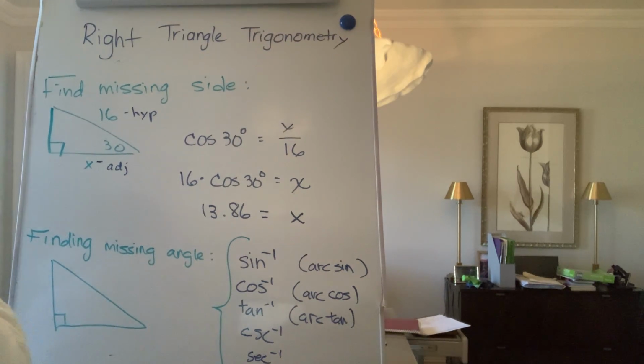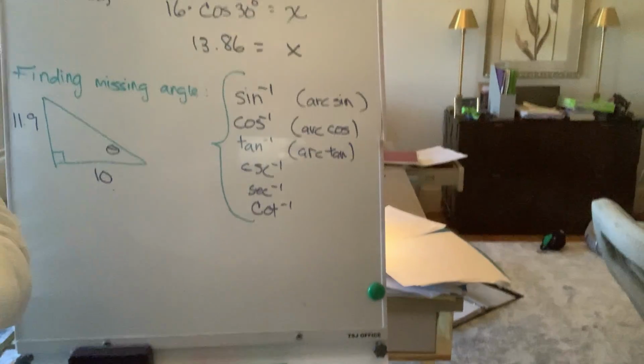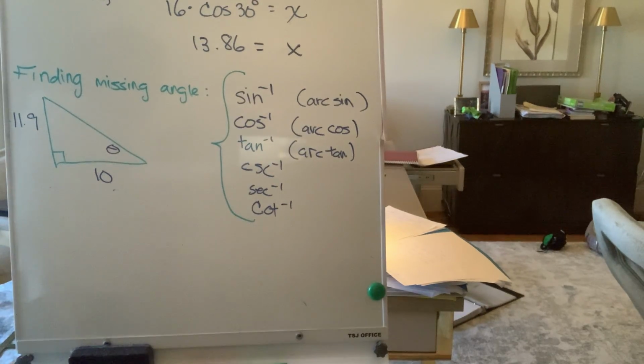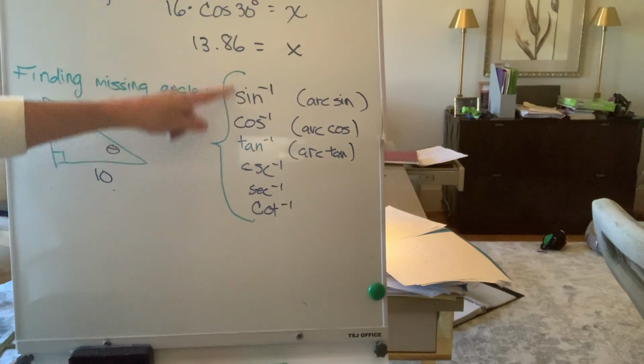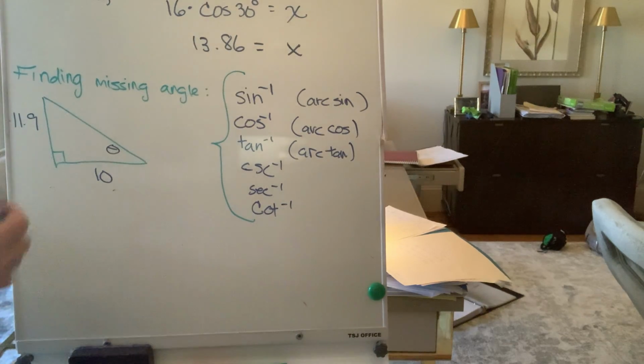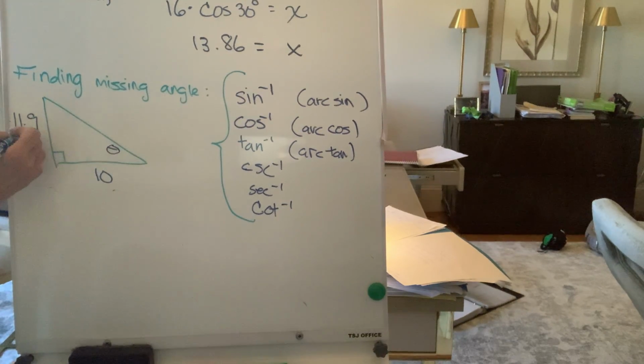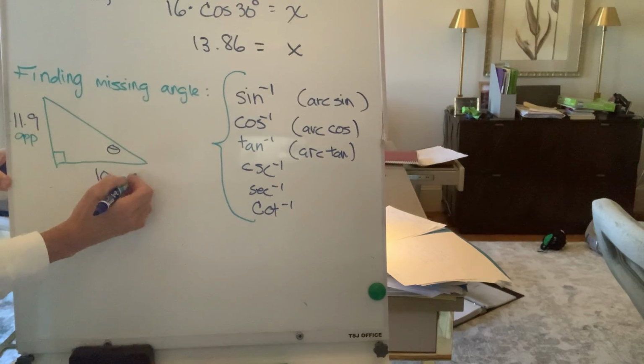All right, so I'm going to give you an example of one of those. So say I have this triangle, I'm trying to find this angle, and I know that this side is 11.9, and I know this side is 10. The first thing I'm going to want to do here is figure out what trig function to use. So if I look at theta here, I have the opposite side and I have the adjacent side.